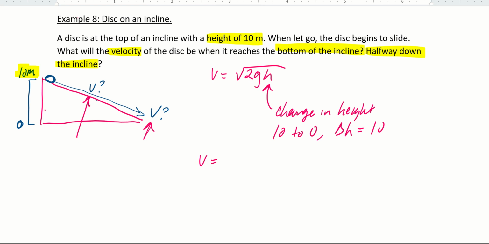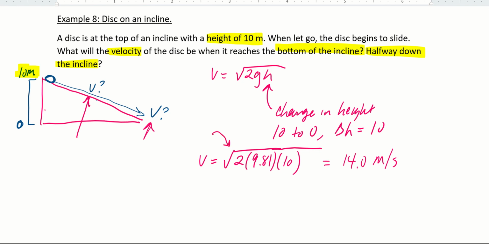So I can say V equals the square root of 2 times 9.81 times 10. And we end up getting 14.0 meters per second. Now, a mistake that a lot of times we make is we forget to take the square root. Make sure you take the square root of whatever you're multiplying here. So that's our velocity at the bottom.